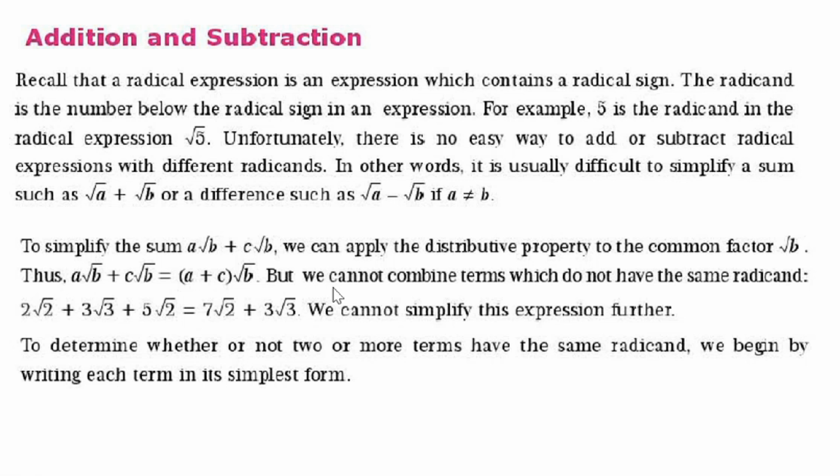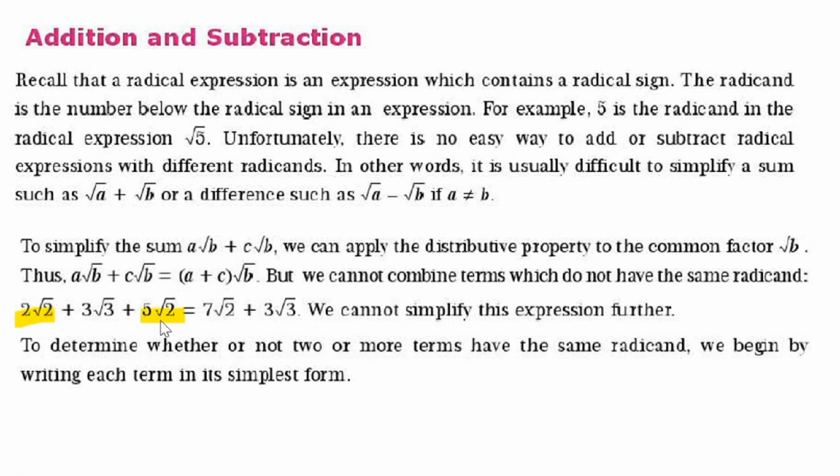But we cannot combine terms which do not have the same radicand. For example, here we have 2 square root of 2 plus 3 square root of 3 plus 5 square root of 2. In this case, we have the radicands square root of 2, square root of 3, and square root of 2. So we can only add those having the same radicand, this one and this one.